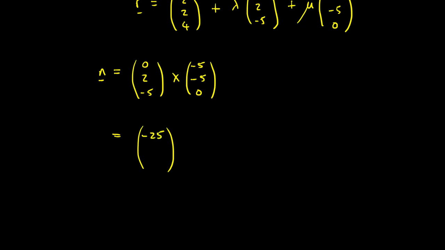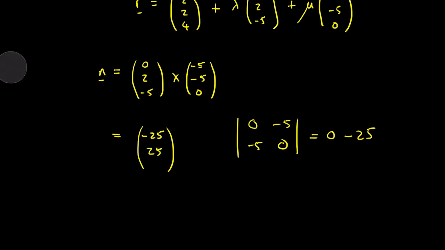Then I do the same thing for the second row. I ignore that row, and I'm finding the determinant of 0, -5, -5, 0. So if I find the determinant of that, I get 0 minus positive 25. And of course, for the second element, it's negative. So I get minus 25, which is positive 25.